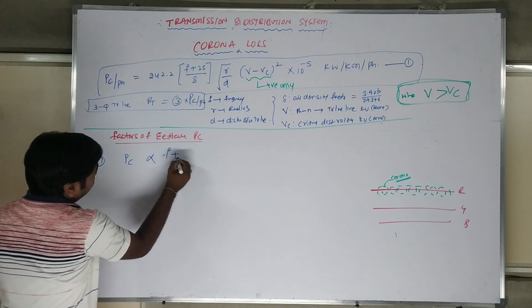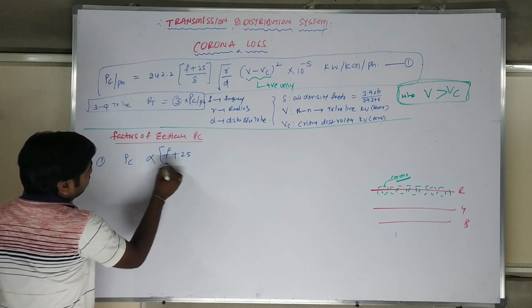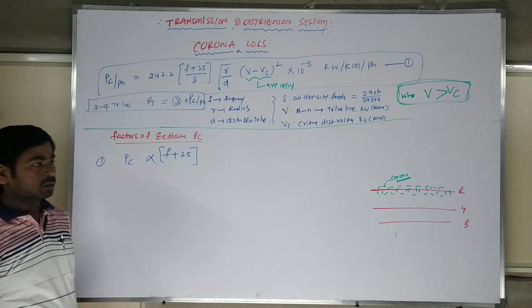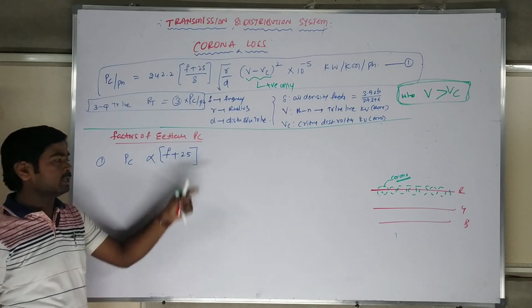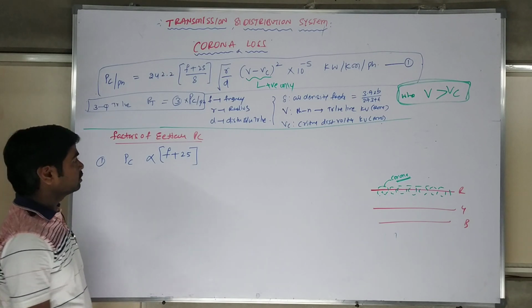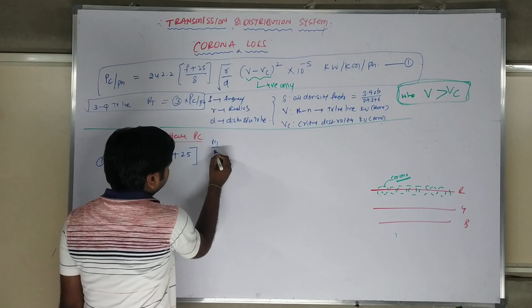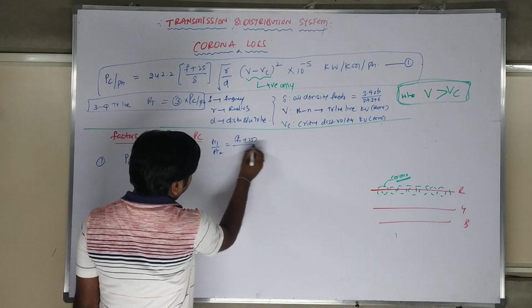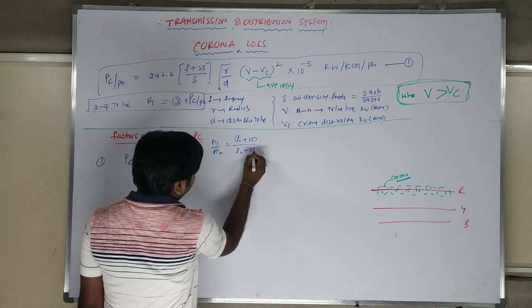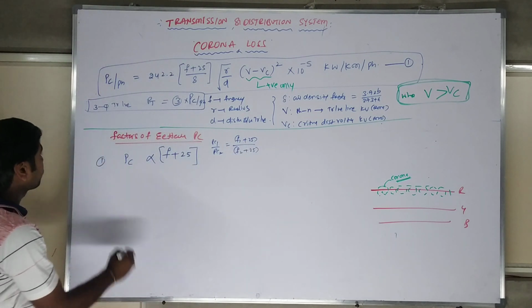The corona loss is directly proportional to F plus 25. So for the corona loss at another frequency, we use F plus 25 like that. That is, PC1 by PC2 is equal to (F1 plus 25) by (F2 plus 25).